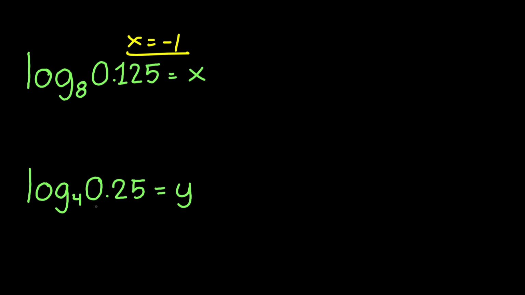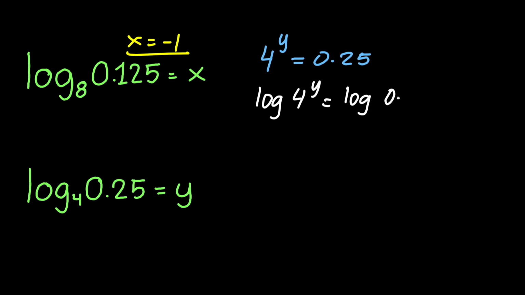Log of 0.25 with base of 4 is equal to y. So convert this: 4 to the power of y equal to 0.25. So we would want to bring down y again. So multiply both sides by log, and bring down y.